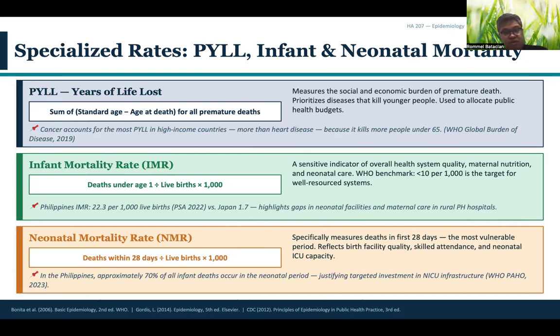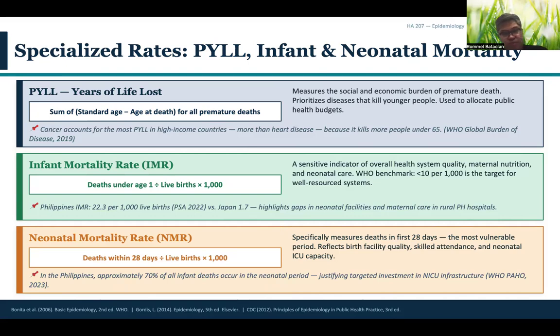The infant is less than 1 year old, but a neonate is those who are in the first month of life. The formula is the deaths within 28 days over the number of live births times 1,000. This is a very vulnerable window.